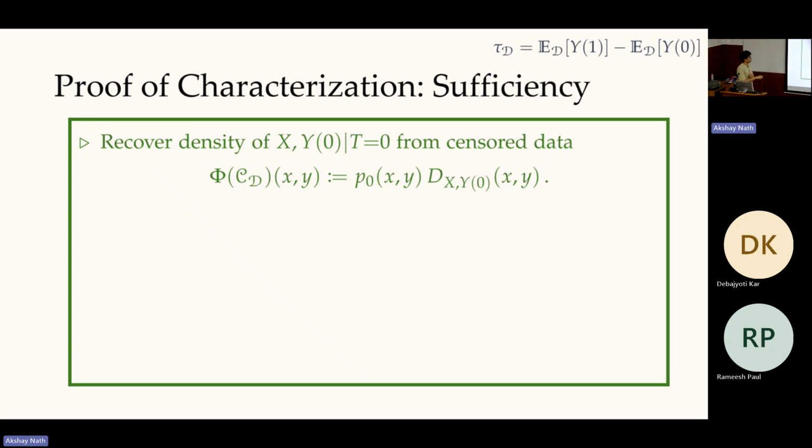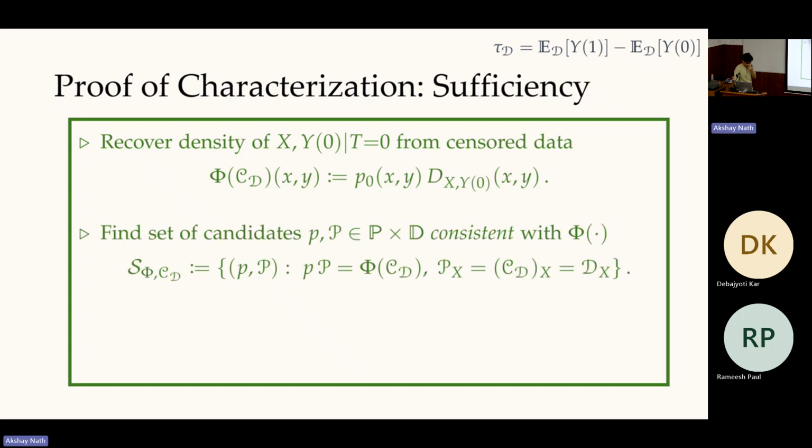And the second is the probability that for this X and Y, T happened to be 0, so it survived in my censored data set. The product of sampling X and Y and it showing up in your data set is the density you're looking for. Class D.